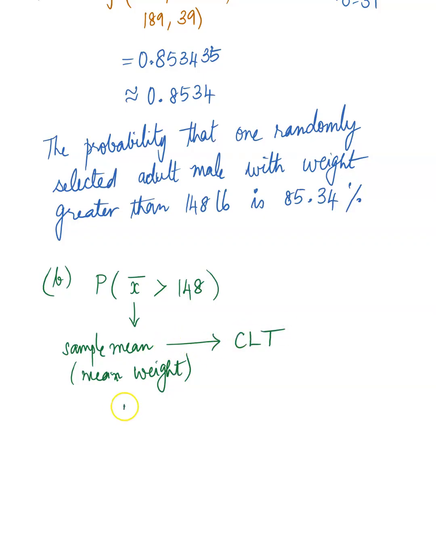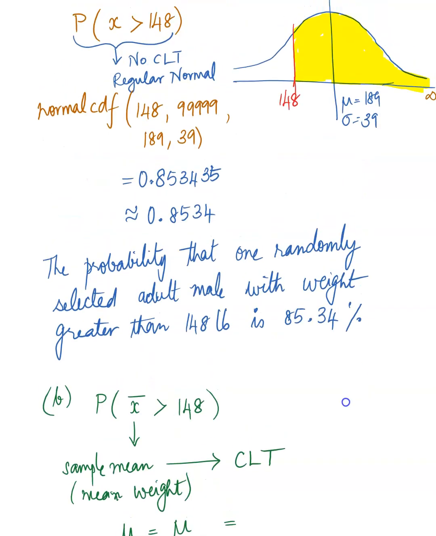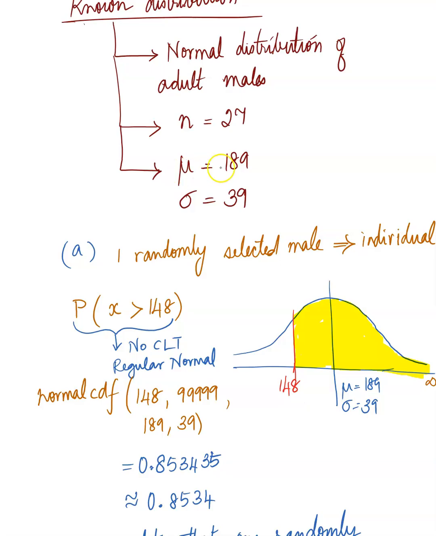What does that mean? That means your mu x bar will be mu, and sigma x bar will be not just ordinary sigma, but sigma over root n. So we have to find those calculations as well. So our mu x bar will be the same as this mean mu, which is 189.